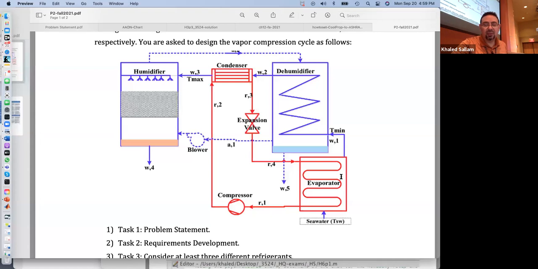This is the cooling part and this is the heating part, right? And so R1, R2, R3, R4, what is that? That's the refrigeration cycle. I can just plot this in a pH diagram, right? So it goes into the compressor at 1, gets compressed to 2, then cooled to 3, then expansion takes you to 4. Make sense? Refrigeration cycle.